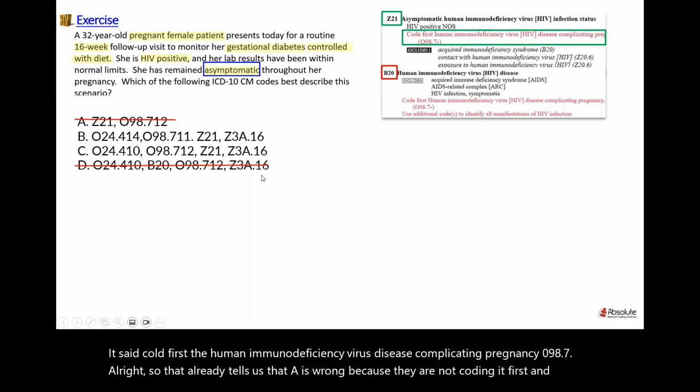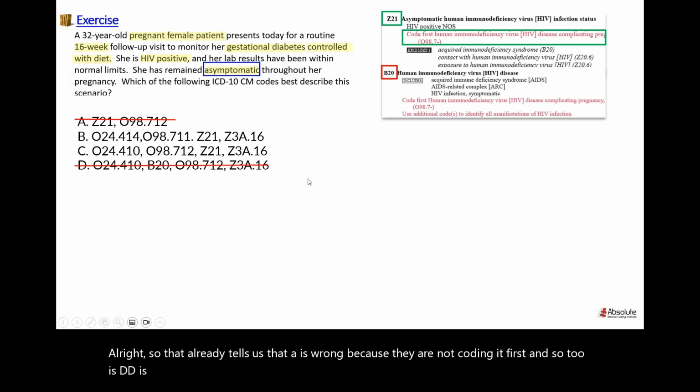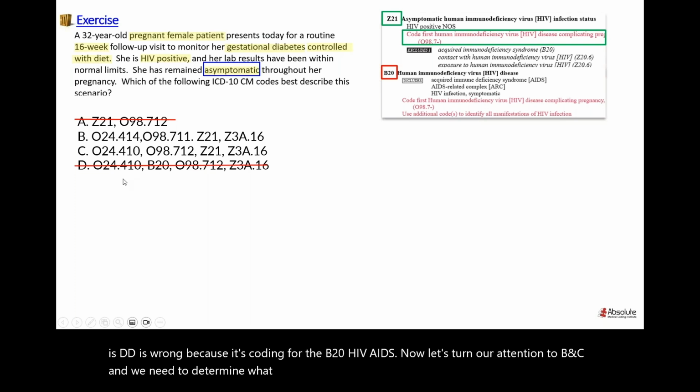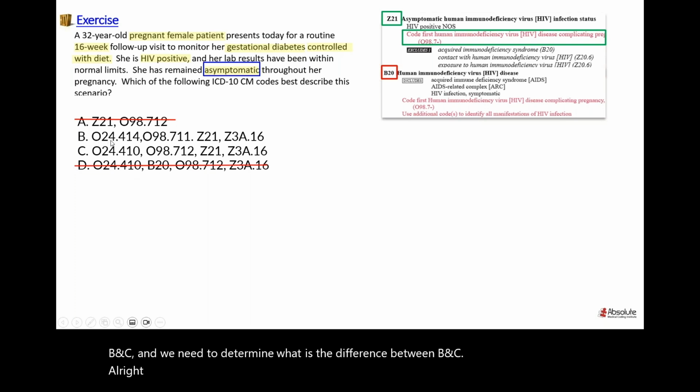And so too is D, because it's coding for the B20 HIV AIDS. Now let's turn our attention to B and C, and determine what is the difference between them. B is coding for O24.414 and C is coding for O24.410.